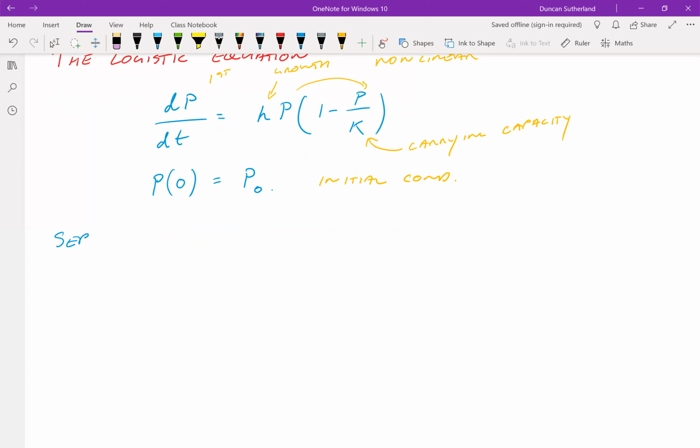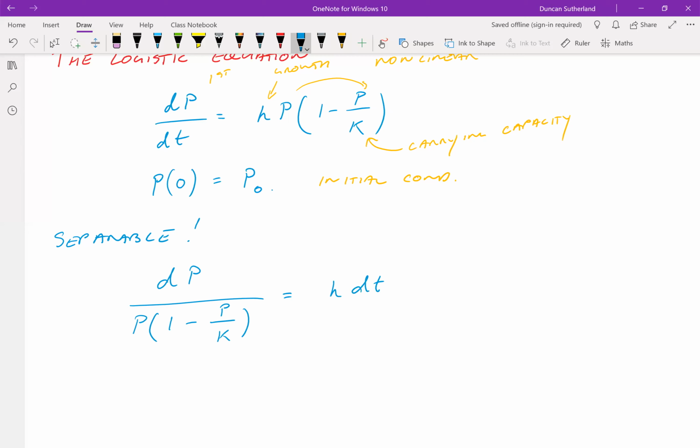Separable. So I'm going to leave the little k on the right-hand side, and write this 1 minus p over capital K dt.